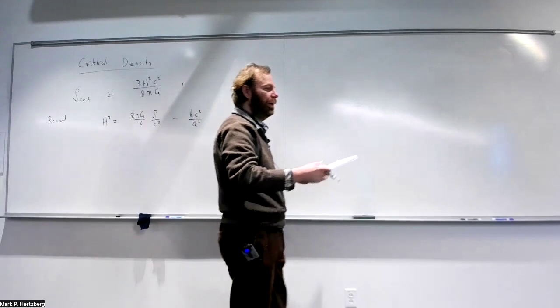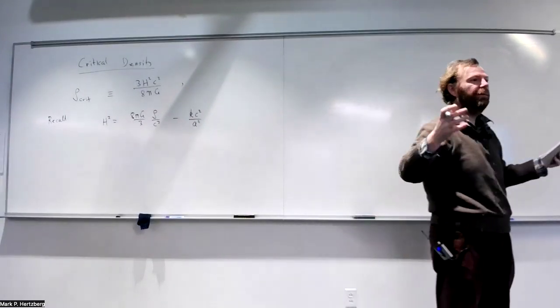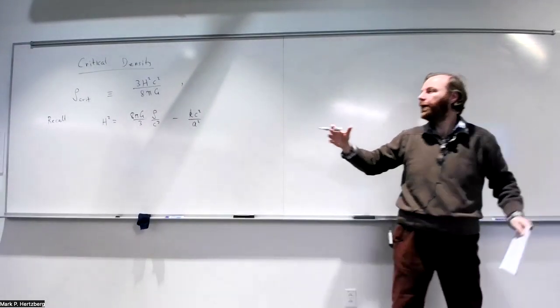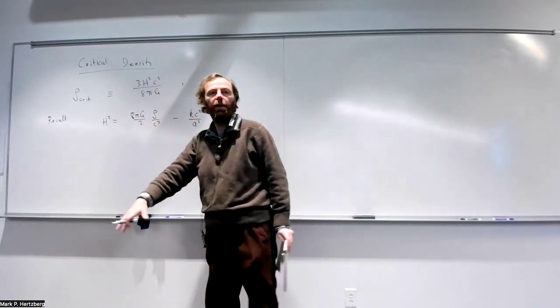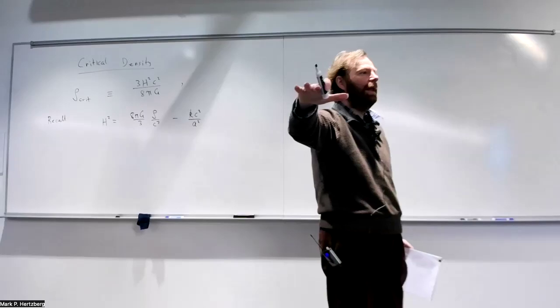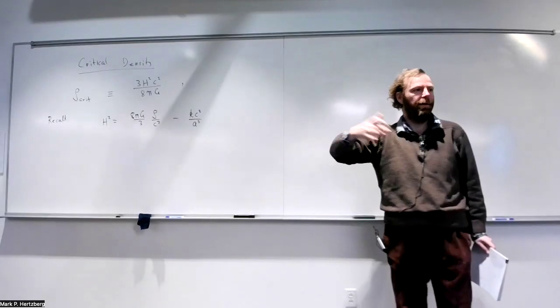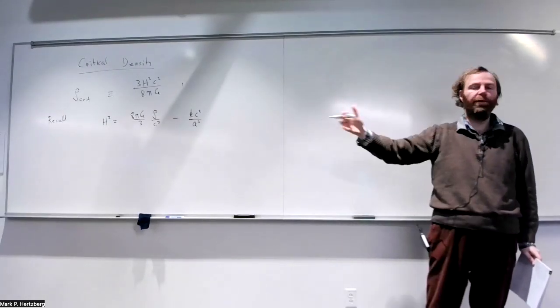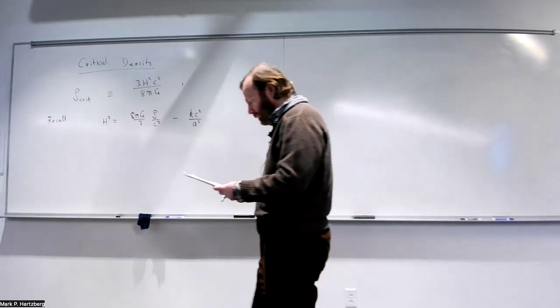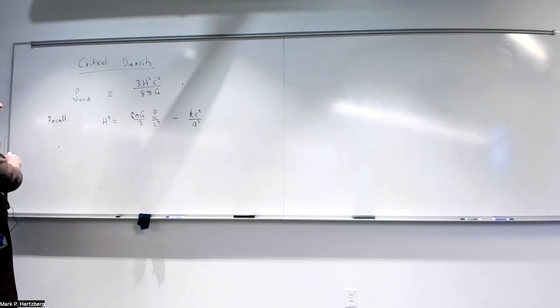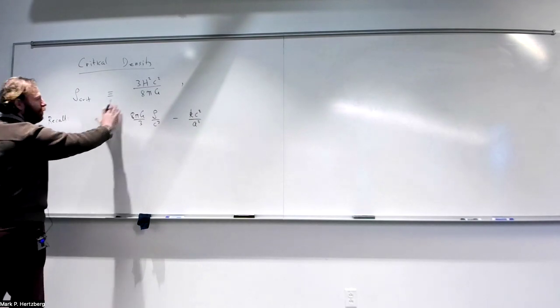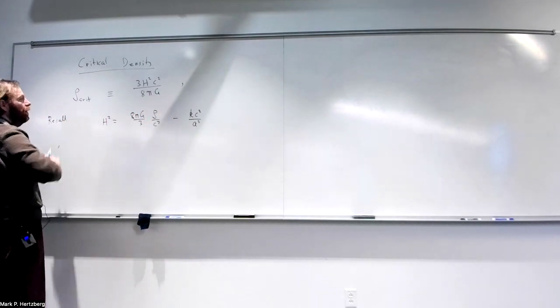If you were to look at the universe and find that the density happens to equal that number, in other words, the density and H are related in this special way, the universe self-consistently has to be flat. And that's a kind of critical case between open and closed. And so we can just rewrite this equation using rho.